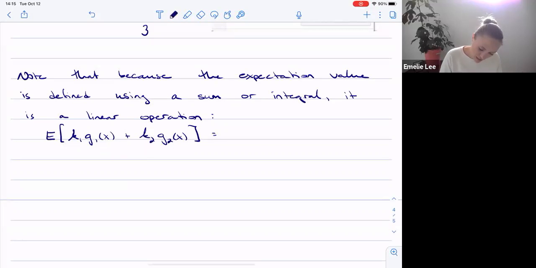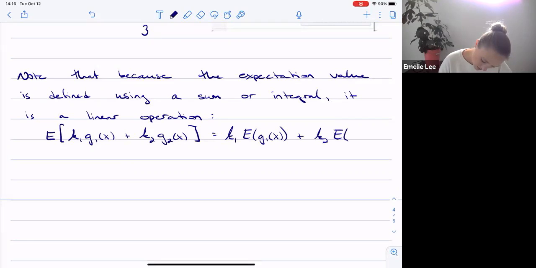But all that happens is this expected value just attaches onto the X's. It bumps the constants K1 and K2 outside of the expected value as multipliers, and then it attaches onto the functions of X. So it's going to look like this: K1 times the expected value of G1 of X plus K2 times the expected value of G2 of X.